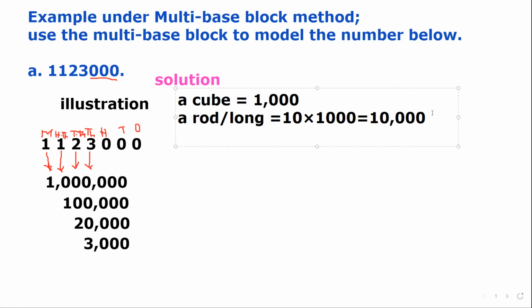Then a flat, which is the third key, will be 10 times a rod, 10 times 10,000, and that gives us 100,000.